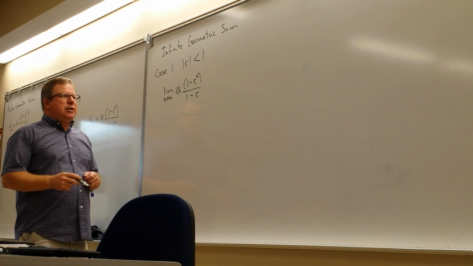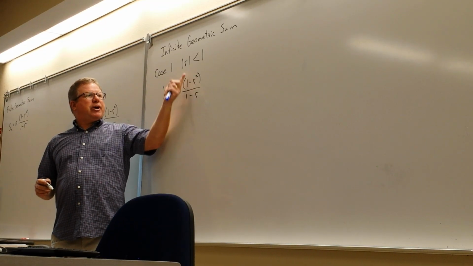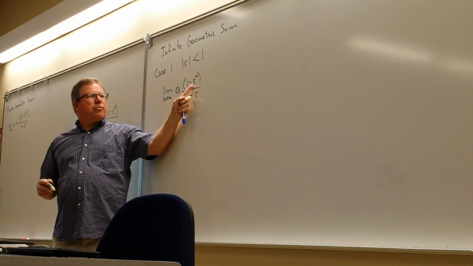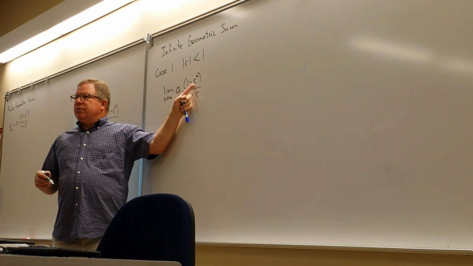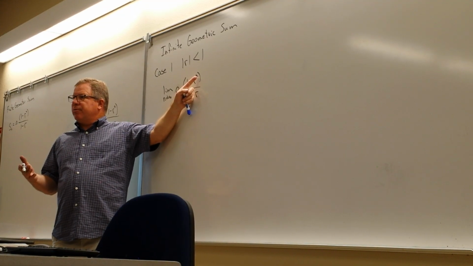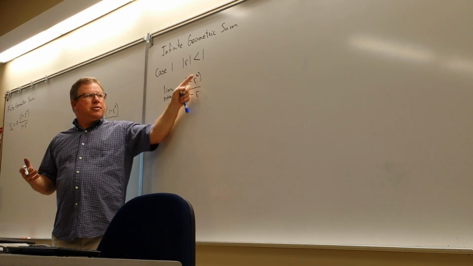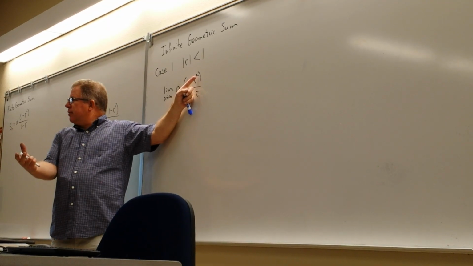Well, in the case where n is going to infinity and the absolute value of R is less than 1, we just talked about it, what's this going to do? Go to 0, right? 1/2 to the infinity is 0. 1/3 to the infinity is 0, because that denominator gets infinitely big.